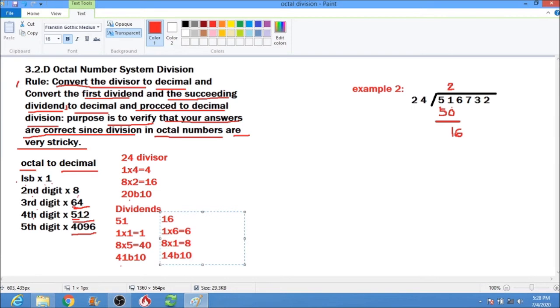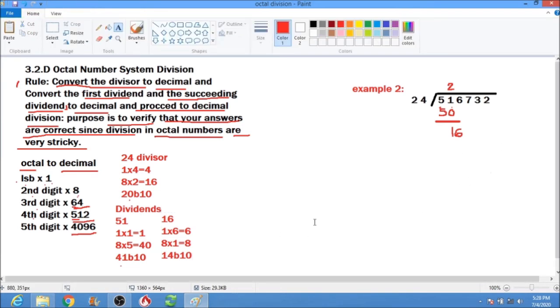Of course, 14 divided by 20 cannot be, so our answer is simply equal to 0. So this is 0. 0 times 24 is 0, so therefore bring down 7. Okay, next.